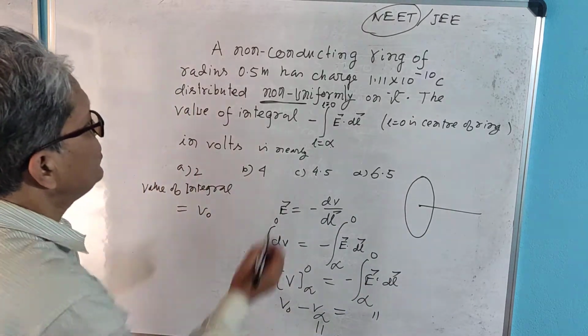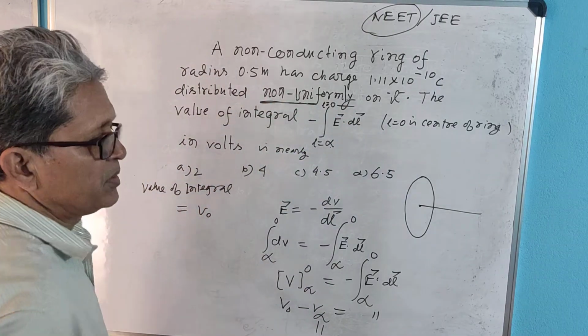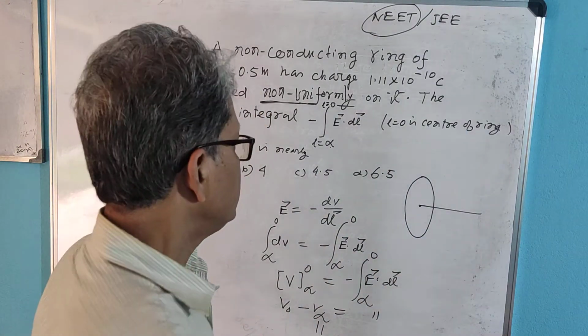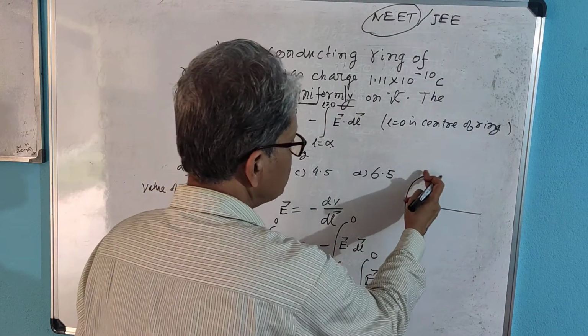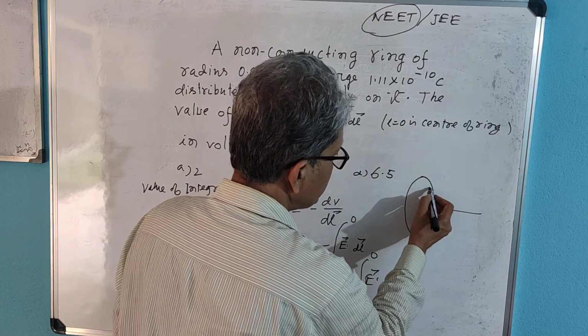To confuse you, it has been written non-uniformly, but as regards potential, there is no difference whether it is distributed non-uniformly or uniformly, because the distance is same everywhere.